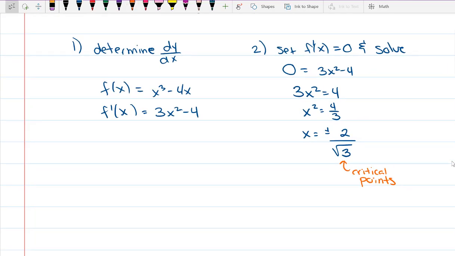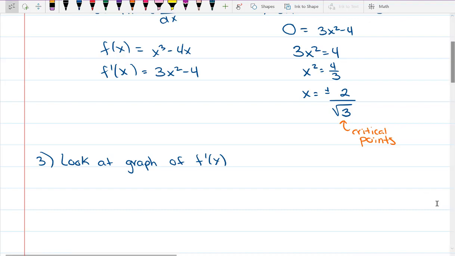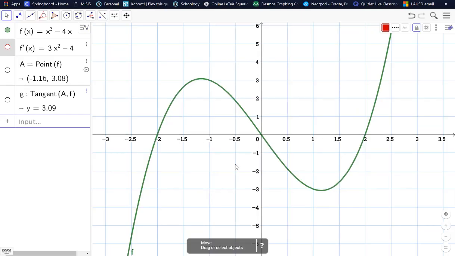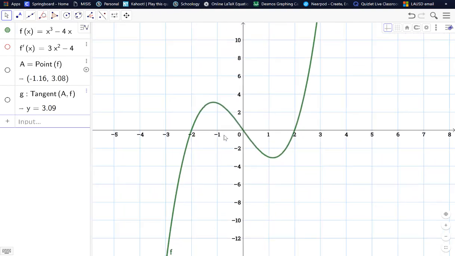The next thing I do is I'm going to look at the graph of my derivative. So I'm going to pull up the graph of the derivative right here. You could do this on your calculator. This is not the derivative. This is our original function.